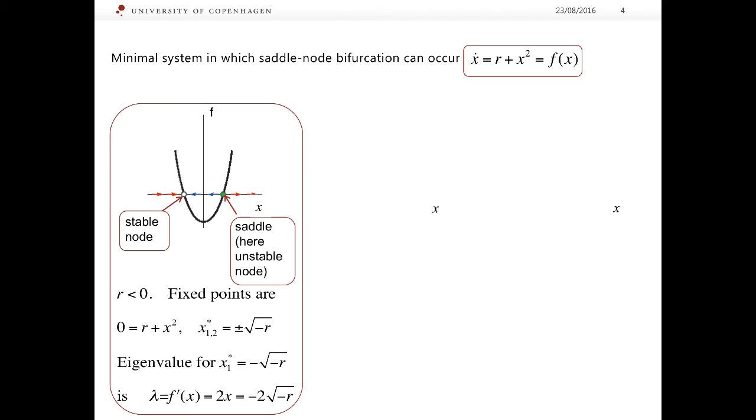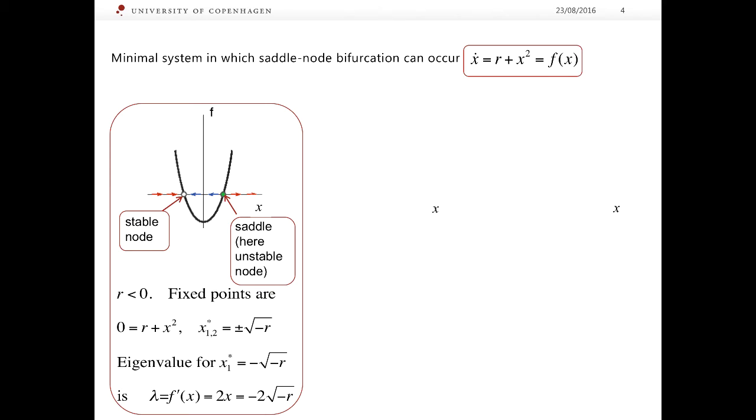If you remember, the eigenvalue for this fixed point will be the value of the derivative of the function f taken at the fixed point. So consider the fixed point which corresponds to a negative value of x, minus square root of minus r.